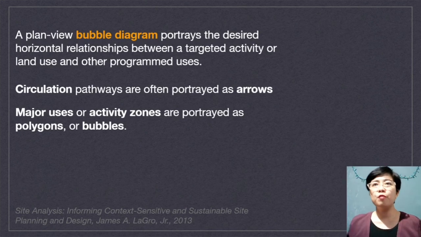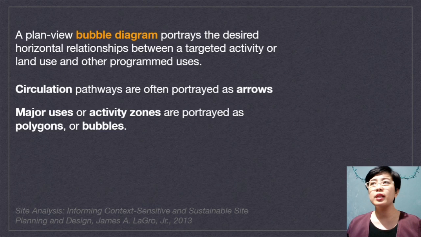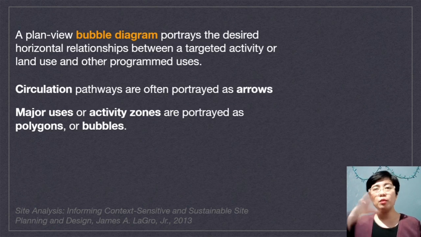So, a plan view bubble diagram portrays the desired horizontal relationships between a targeted activity or land use and other programmed uses. So, bubble diagram, usually, idodrawing mo yung layout ng site, more or less kung anong shape ng site, and then, maglalagay ka ng bubbles.